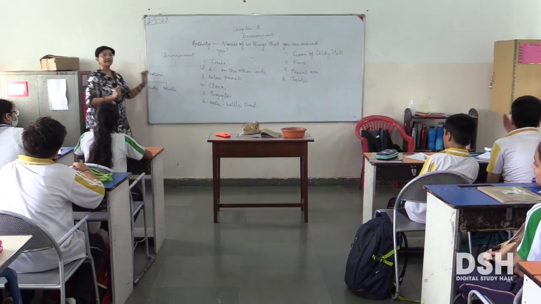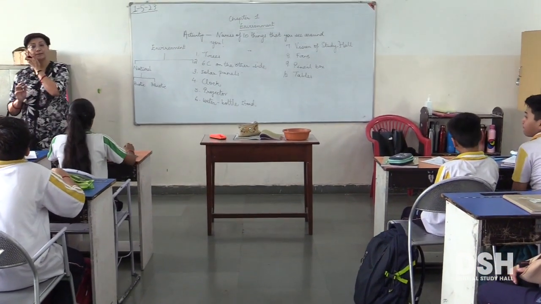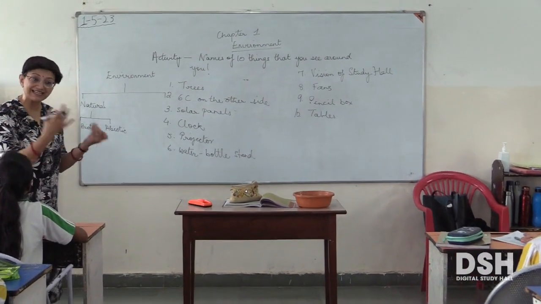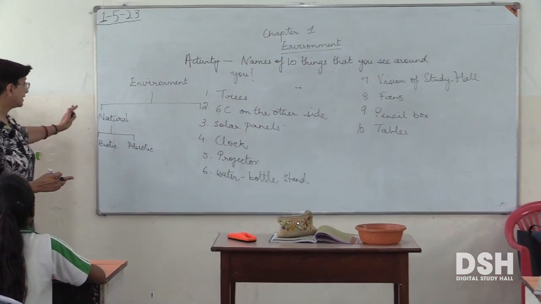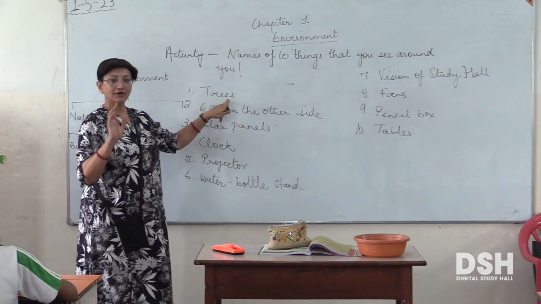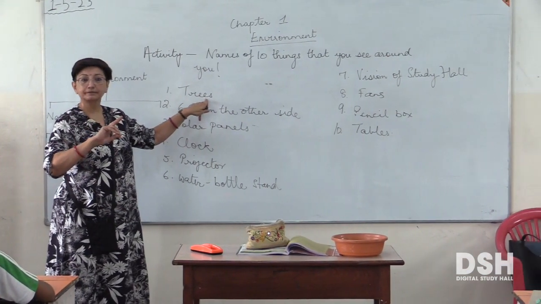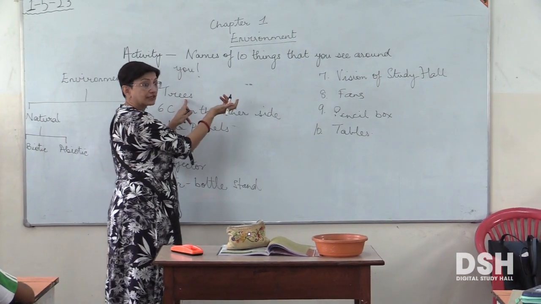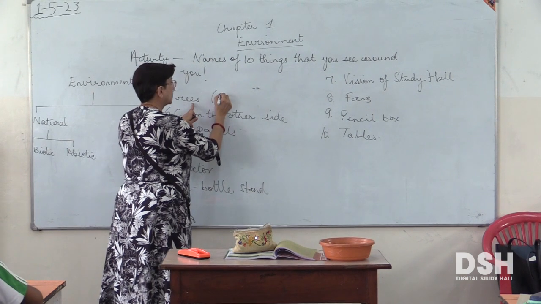Now, as against something which is already present in nature, which human beings don't have anything to create or do, what is the next division under environment? Tell me once again. Trees are natural, what? Abiotic or biotic? Okay.